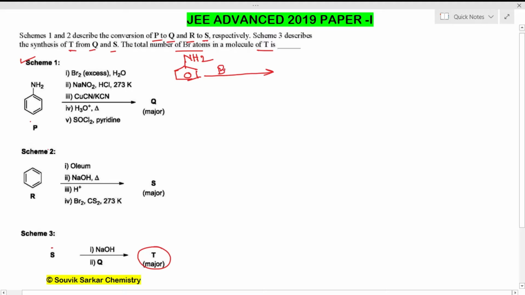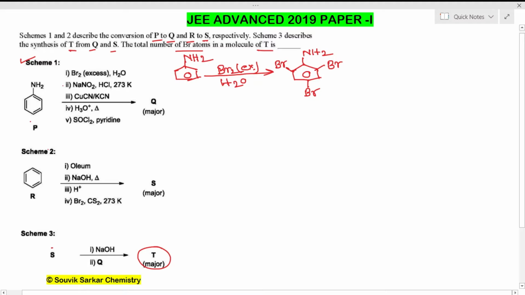Whenever we do bromination of aniline in the presence of excess bromine, it will form 2,4,6-tribromoaniline. In the presence of excess bromine, all ortho and para positions are brominated.